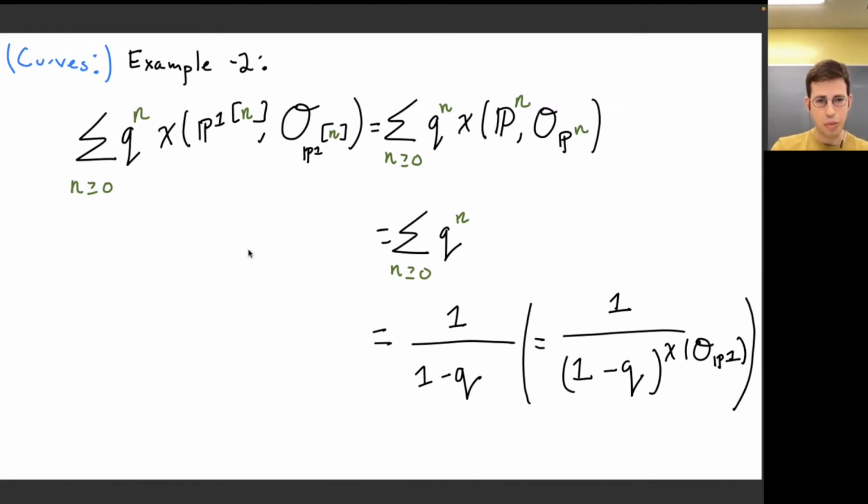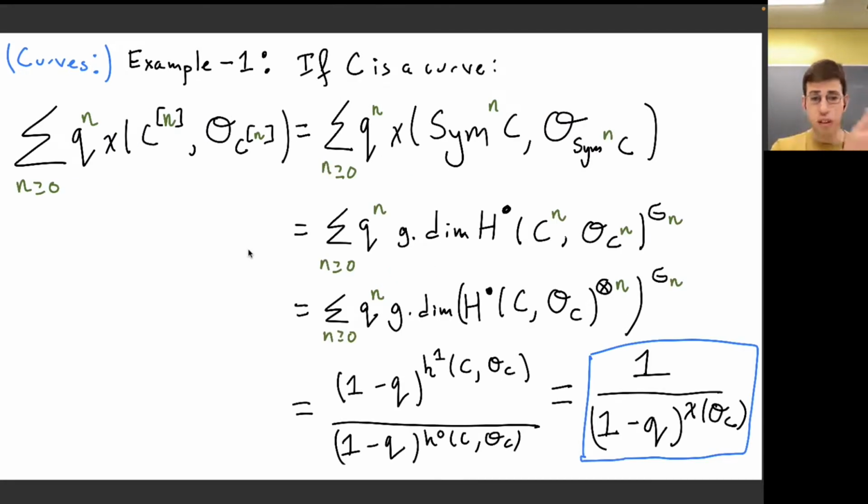So the next example will still be for curves, and we'll generalize the example of P1. If I have some general curve, again the Hilbert scheme of n points on the curve is just the symmetric product, and its structure sheaf is just the structure sheaf of the symmetric product.